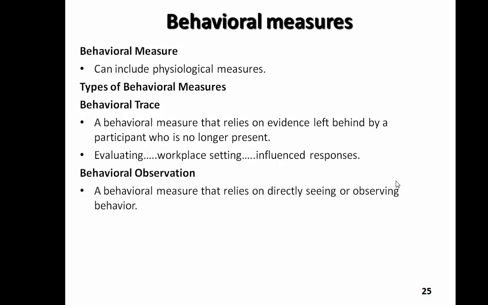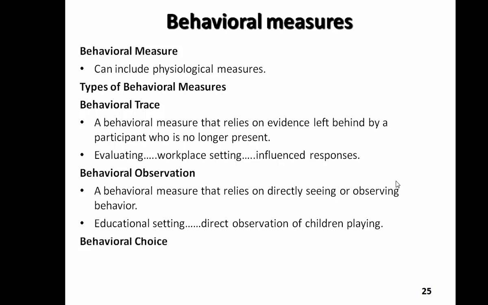Behavioral observation involves just that. It's the direct observation by a researcher of a research participant engaged in some sort of task. This is very commonly used within the educational setting, where a researcher will directly observe children playing, as an example.